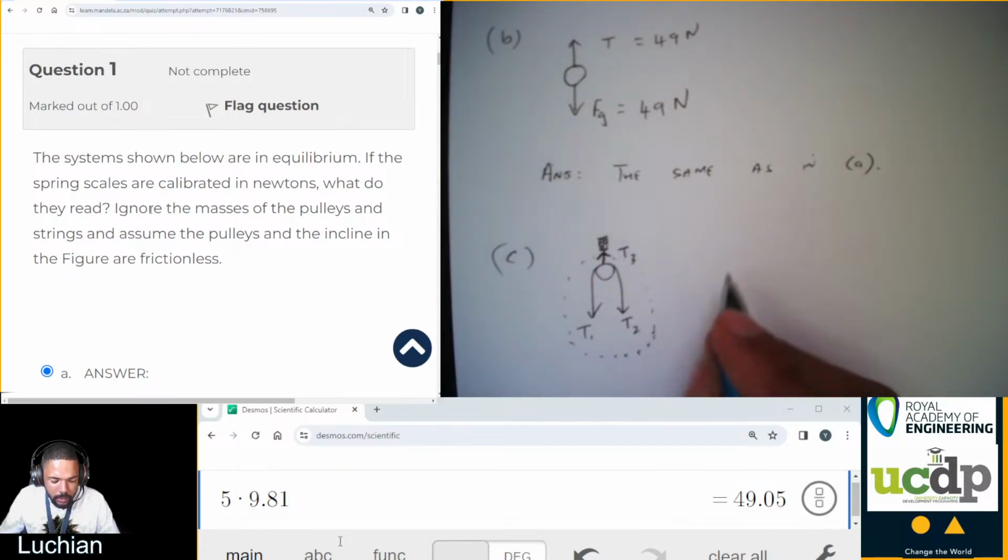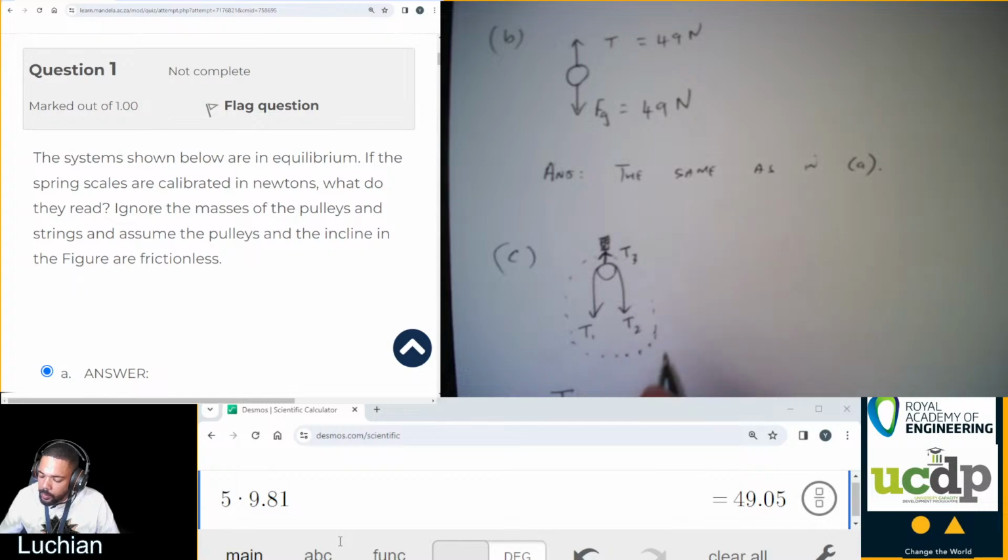So we have tension 3 plus tension 1 plus tension 2 should be equal to the sum of the forces.